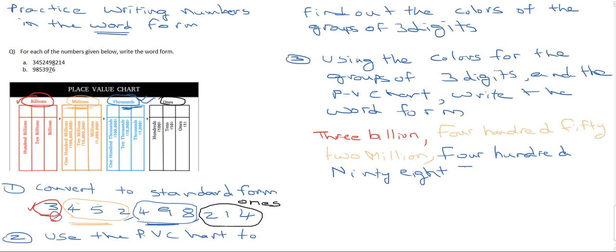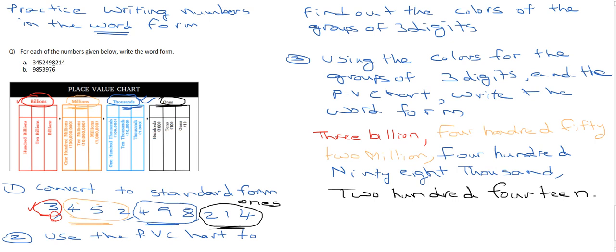So we're going to put thousands there, and then a comma. Lastly, the set of ones. So you just read that as 214. So this is the word form.